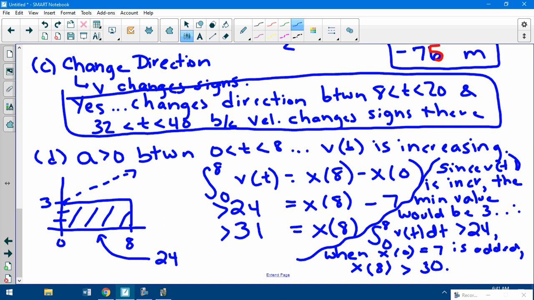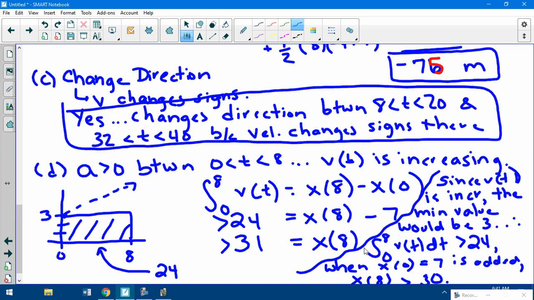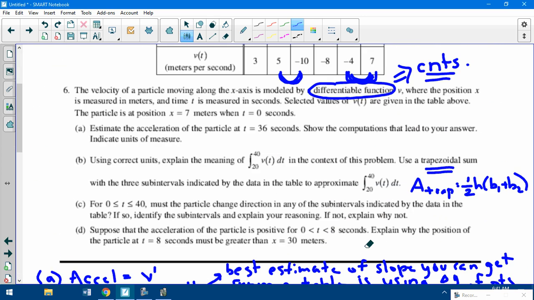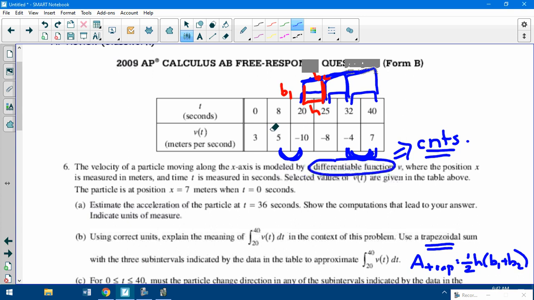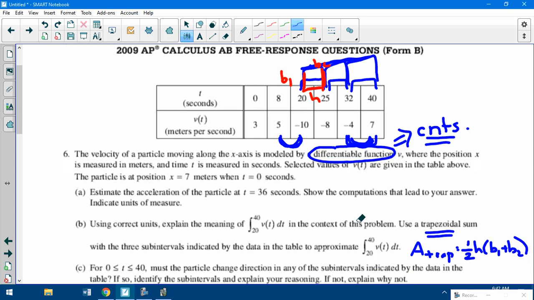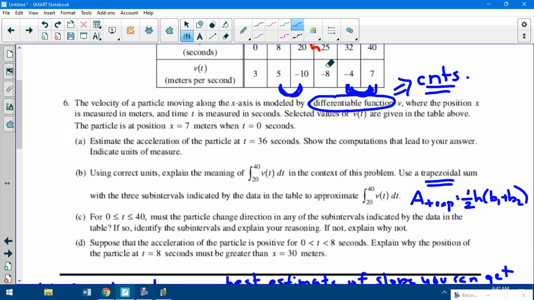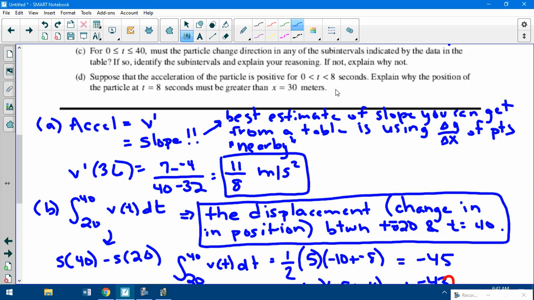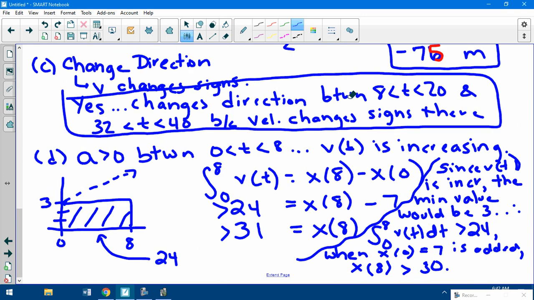So again, I don't expect this to seem easy, but this is a typical free response question. So when you see things like this, if you see a table, if you want the slope, the derivative, you're going to take the slope. If you want the antiderivative, you're going to do some sort of Riemann sum. That's the big things to remember.